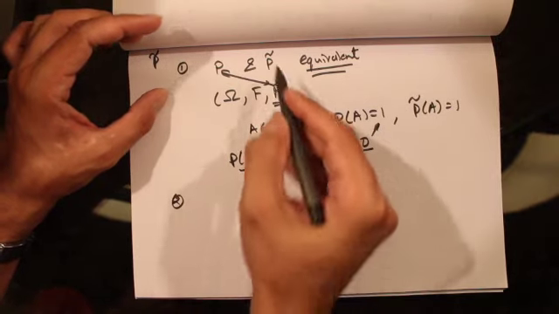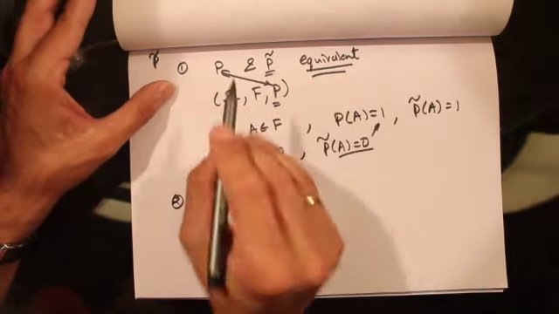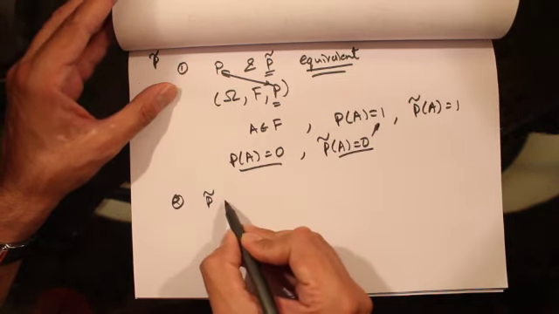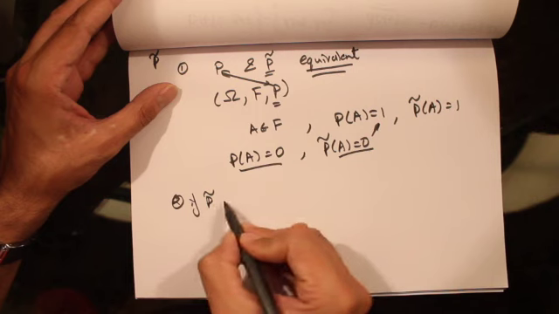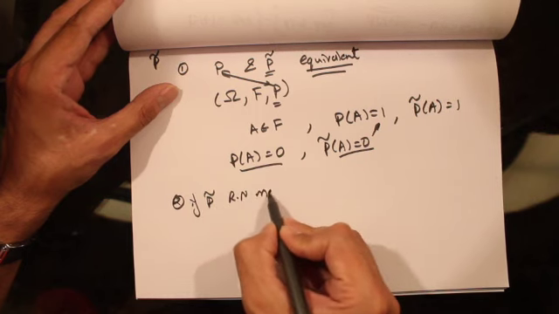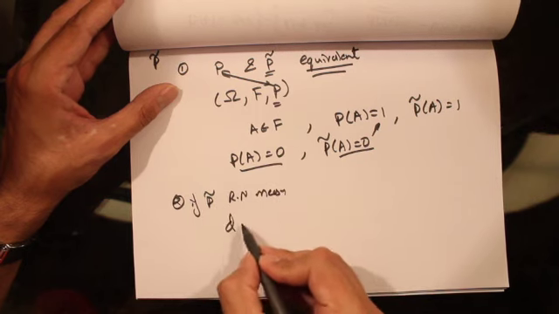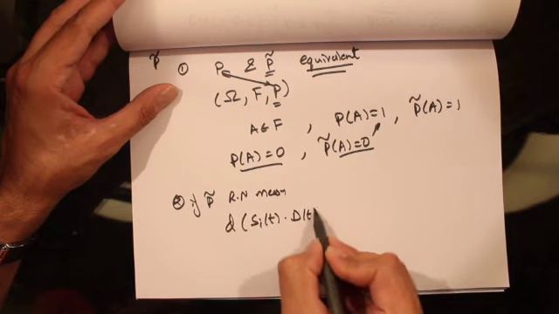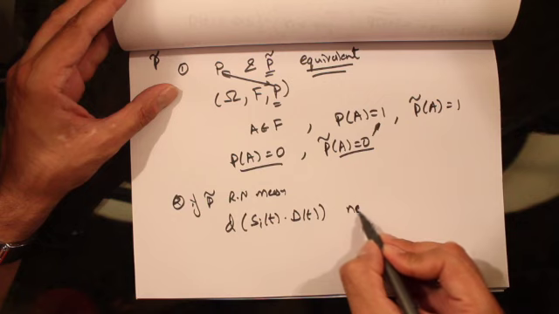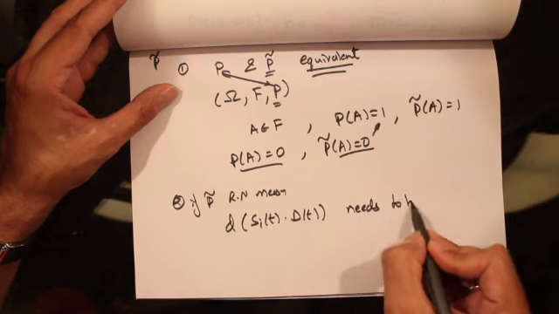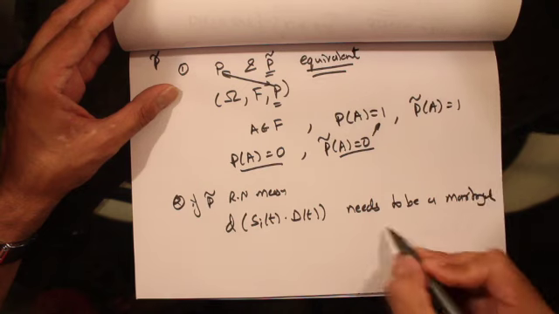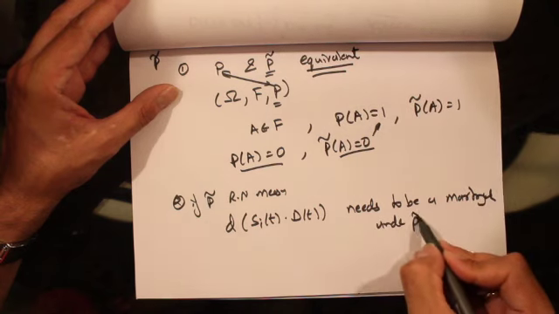Secondly, if P tilde is a risk neutral measure, then the discounted value of the stock process given by S_i(t) needs to be a martingale under P tilde.